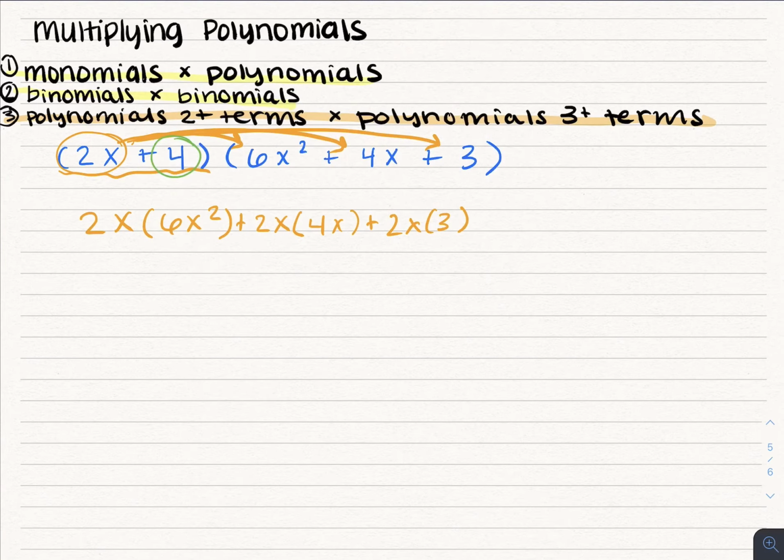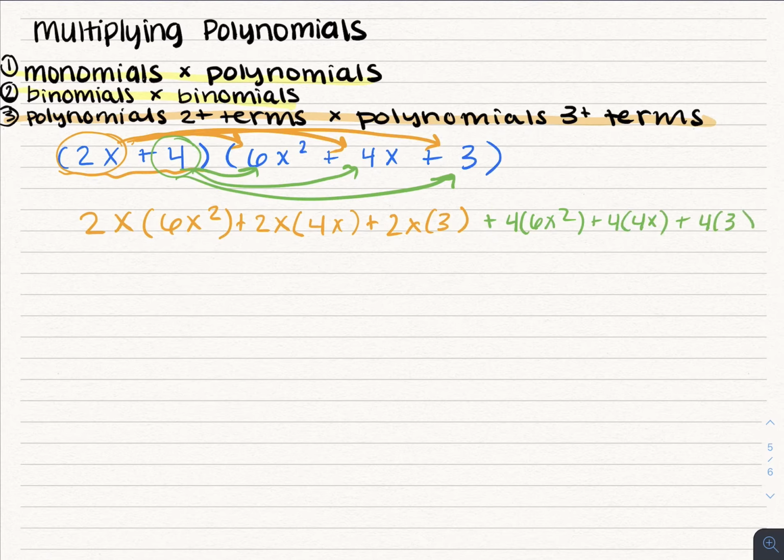And I'm going to do the distributive property the exact same way we've always done it. 4 times all of these terms. So 4 times 6x squared plus 4 times 4x plus 4 times 3.